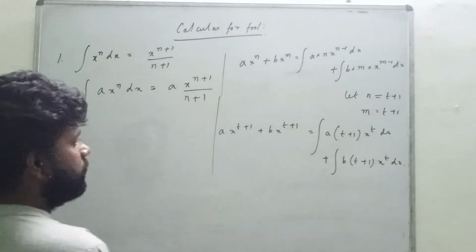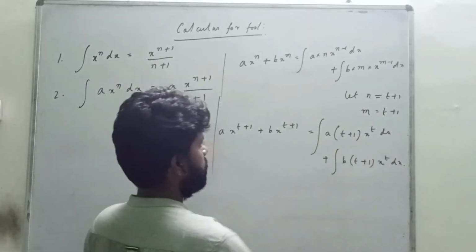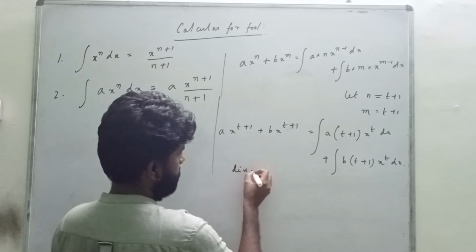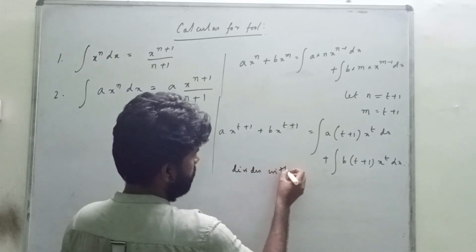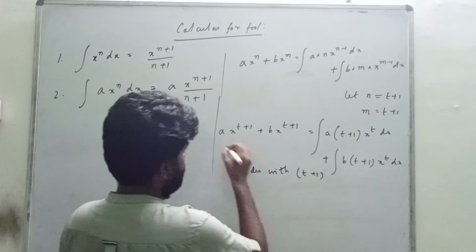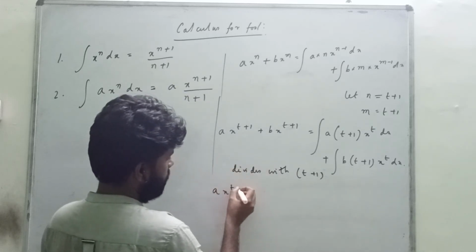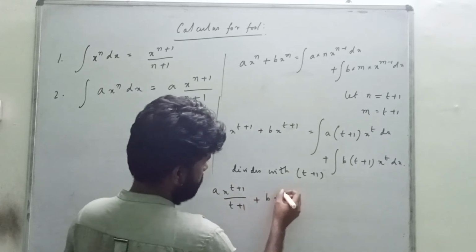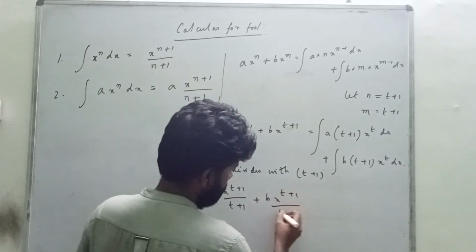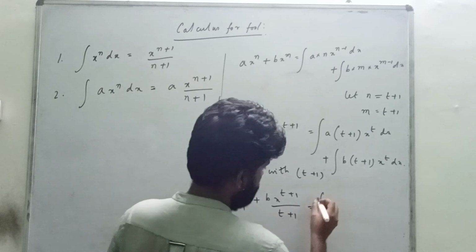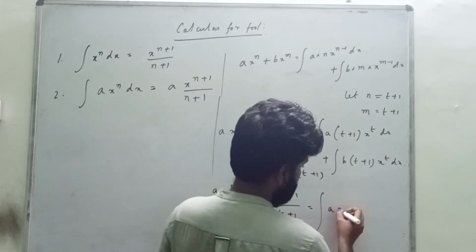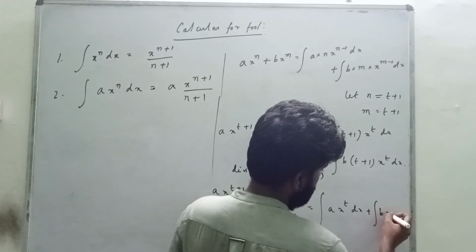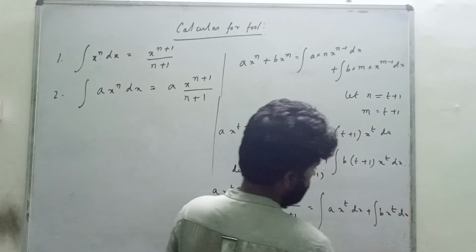Okay, now you will just divide this equation by t plus 1. You get ax power t plus 1 by t plus 1 plus bx power t plus 1 by t plus 1, and here ax power t dx plus bx power t dx.